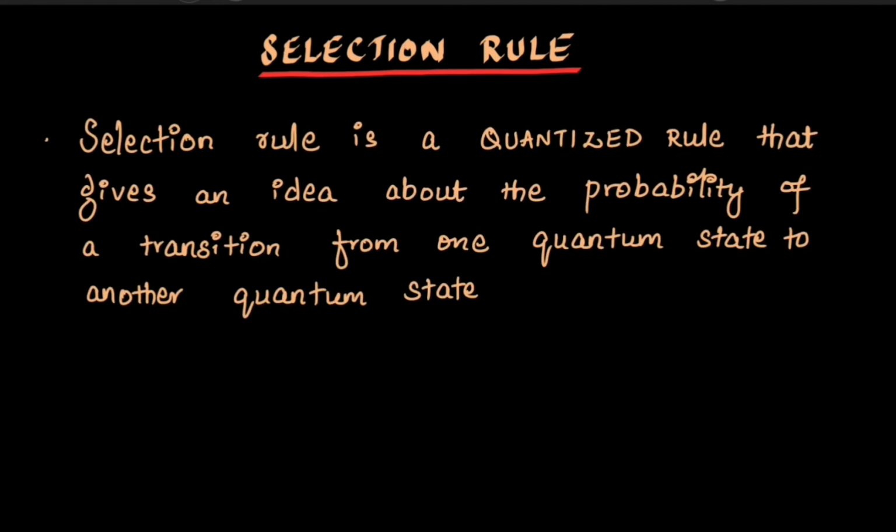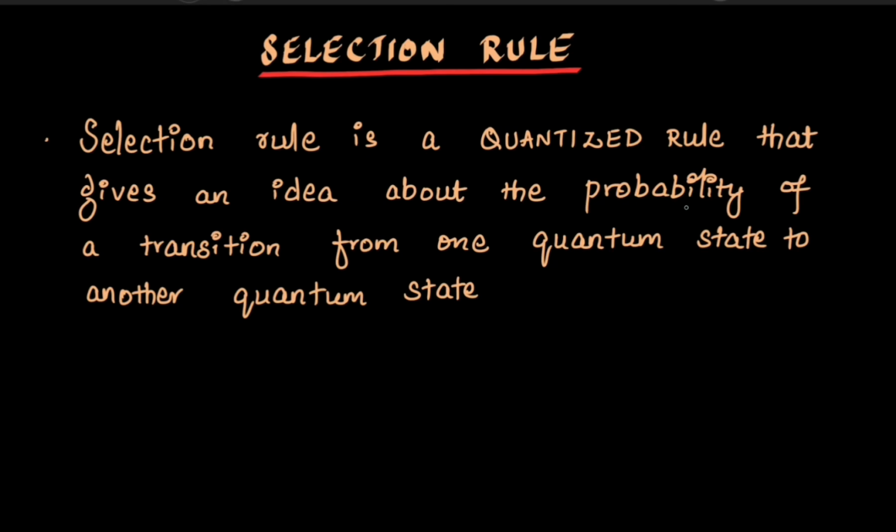A selection rule is a quantized rule that gives an idea about the probability of a transition from one quantum state to another quantum state. So this rule is giving you an idea about a transition, whether it occurs or not. If at all it occurs, what is the probability of it? So it has included a term called probability.